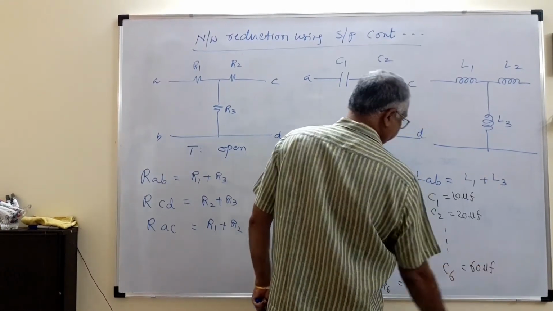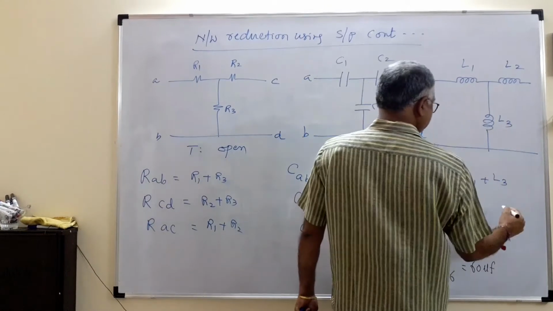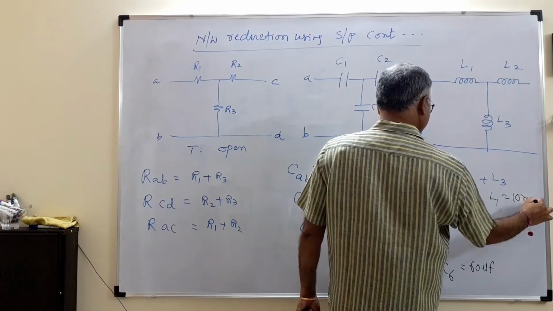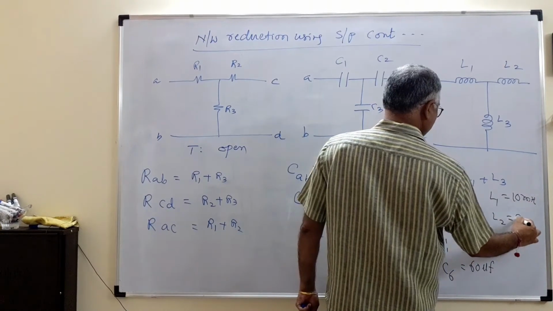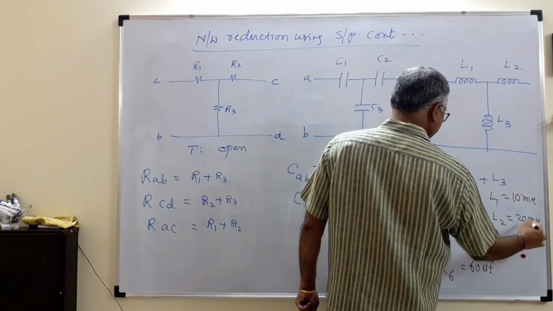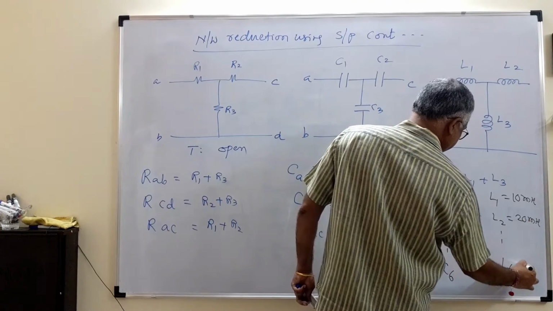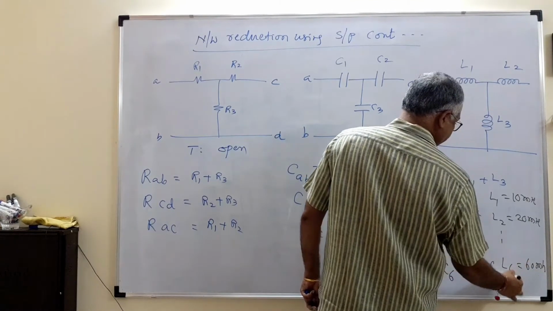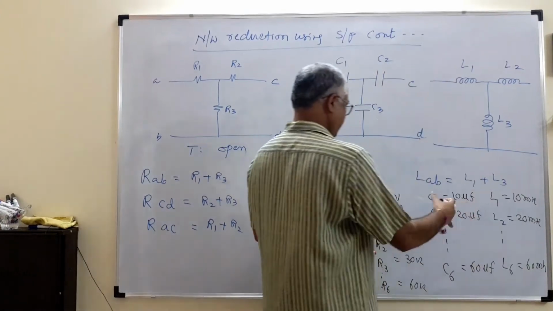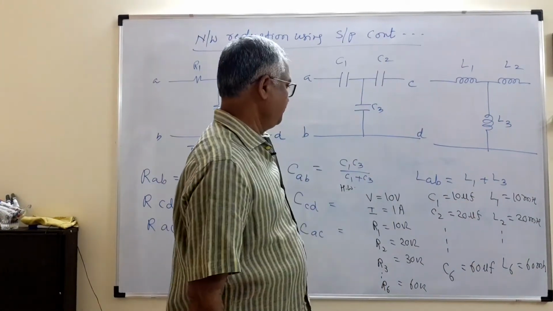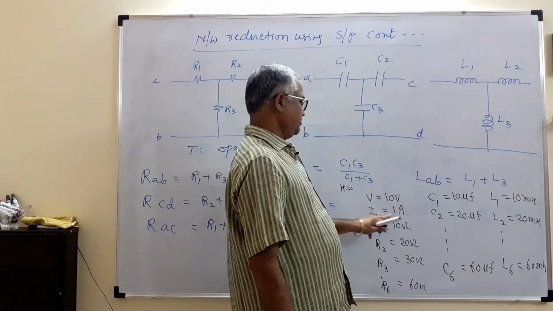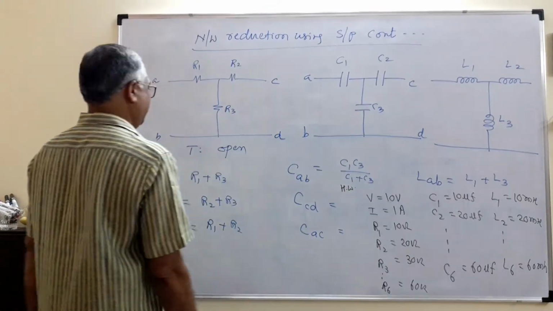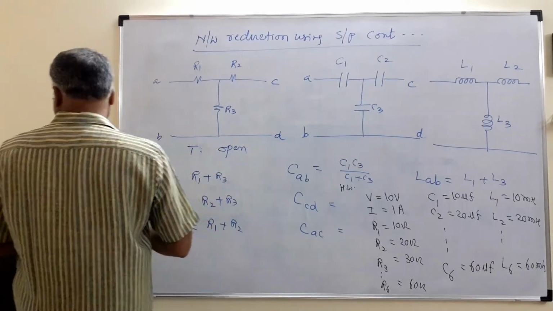For inductors, take L1 as 10 millihenry, L2 as 20 millihenry, and like that L6 as 60 millihenry. If there is a 7, it is 70 millihenry. That is an easy way of taking values: voltage source 10, current source 1. With these numericals, I am now giving homework.